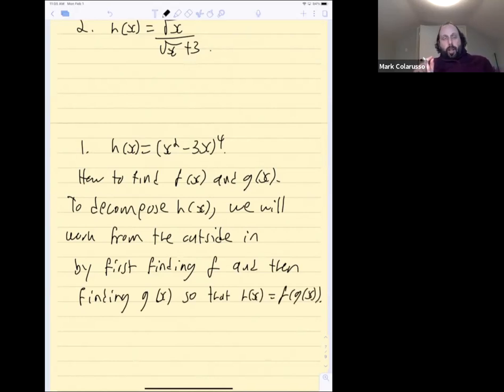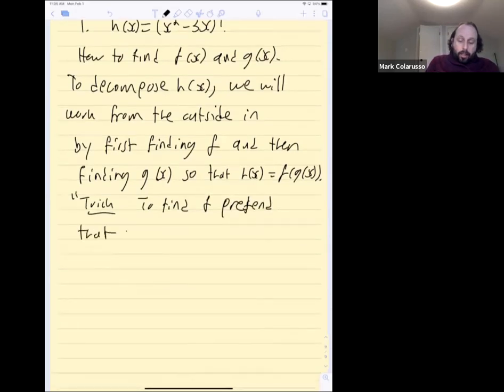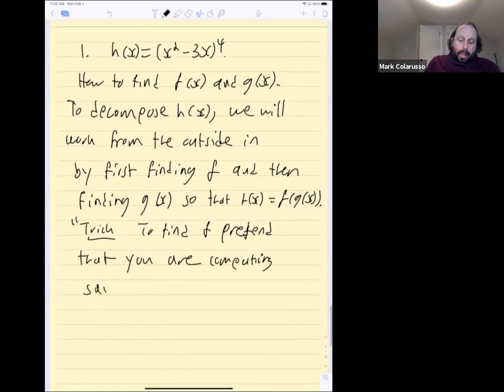Now, here's my trick on how to do this. To find f, pretend that you are computing, say, h at 1, the value of h at 1 on your calculator.